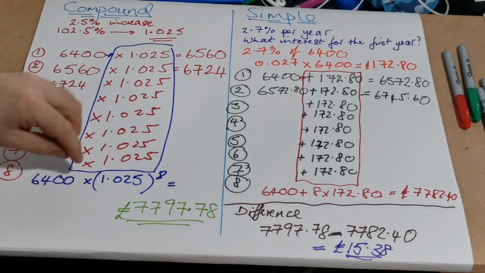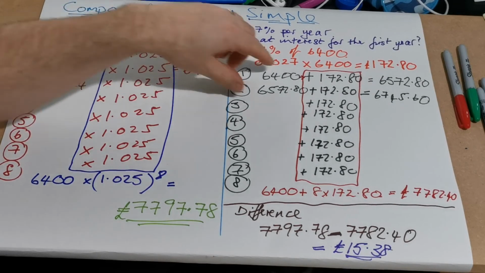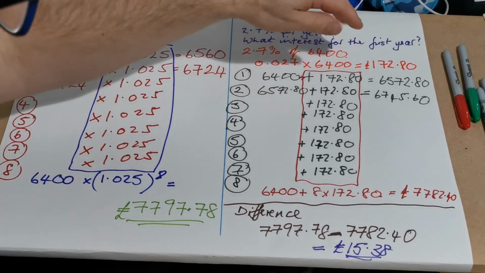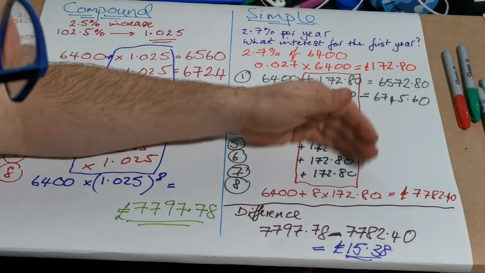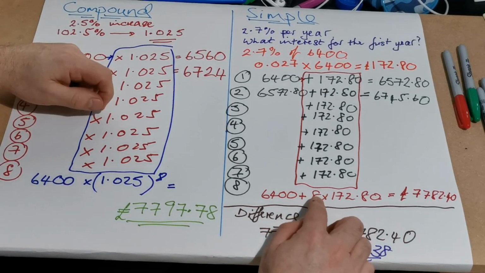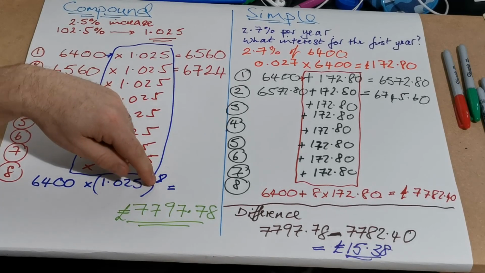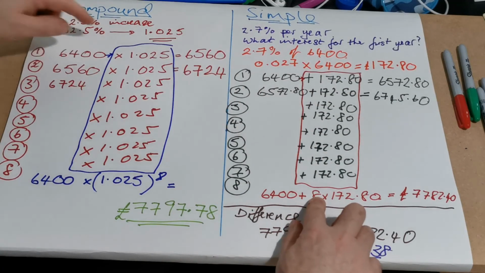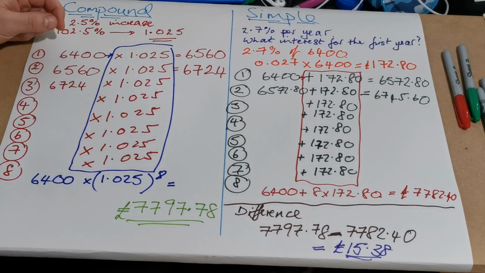So you do times and then to a power. And on this one, simple interest, you find the interest for the first year, and then you're doing repeated adding. And repeated adding is times. So here, repeated times is a power, repeated add is times. And that's the difference between the two.